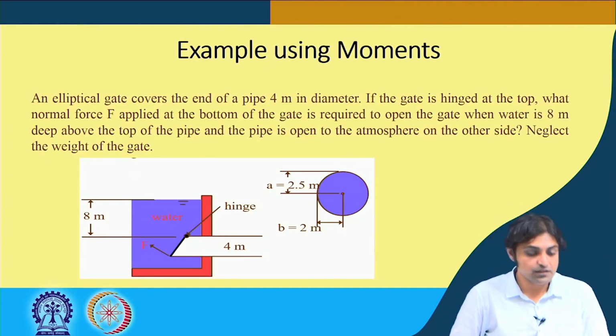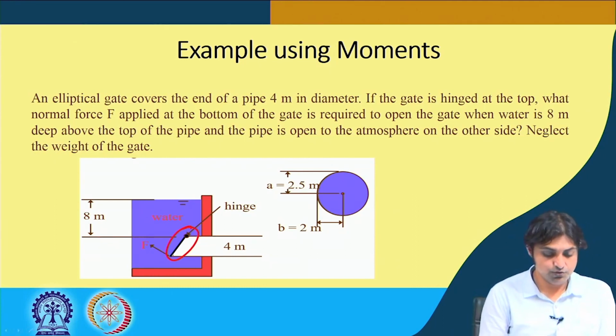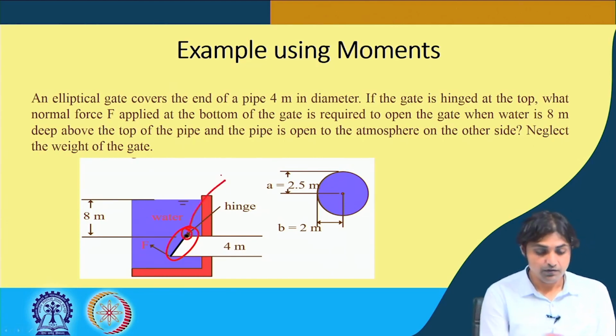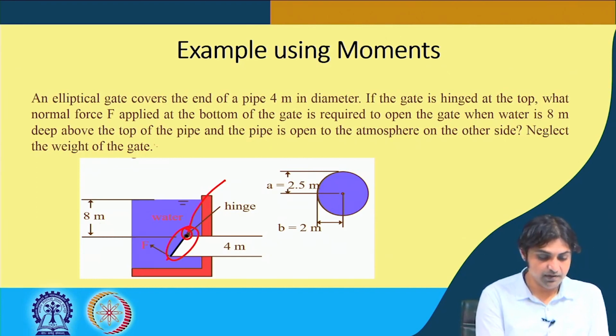So the question is, an elliptical gate covers the end of a pipe 4 meters in diameter. So this is the elliptical gate. I will delete this, but I am trying to show where those different objects are. If the gate is hinged at the top here, what normal force F applied at the bottom of the gate is required to open the gate when the water is 8 meters deep above the top of the pipe?